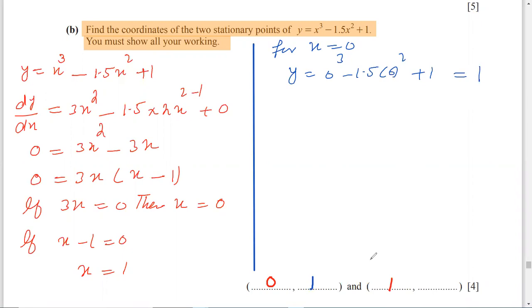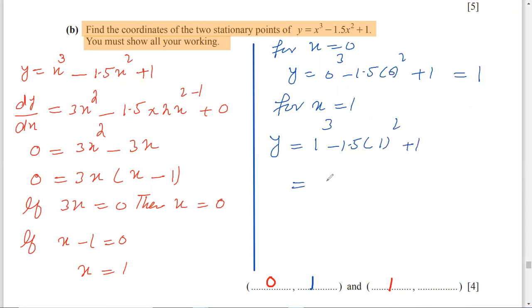Now to get the y coordinate of the second stationary point, for x is equal to 1, y is equal to 1 cubed minus 1.5 times 1 squared plus 1.